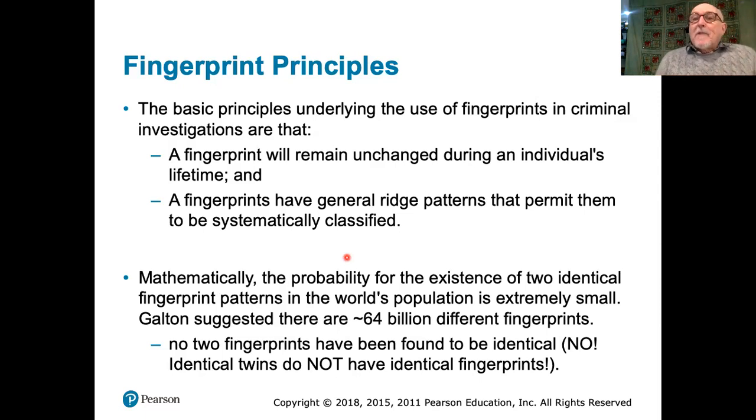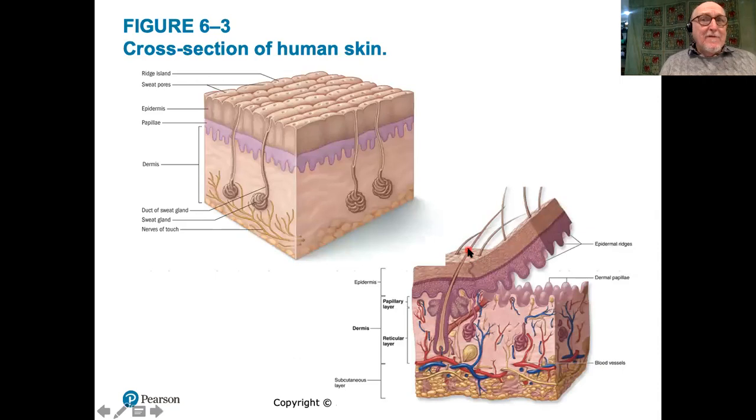Some criminals, from time to time, have attempted to alter their fingerprints, often by using acid or by burning the fingers. It doesn't really work that well unless they burn extremely deep, which would be very, very painful and difficult to do, because in order to alter the fingerprint, you have to alter the structure of the dermis that is generating all of this tissue above.